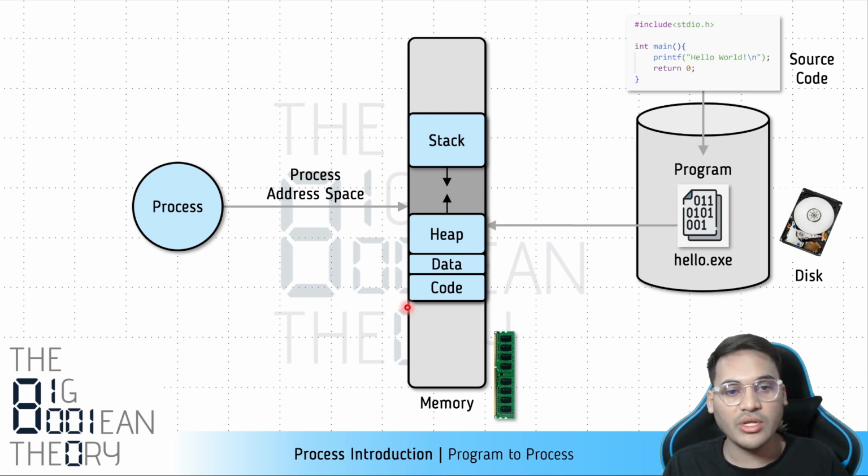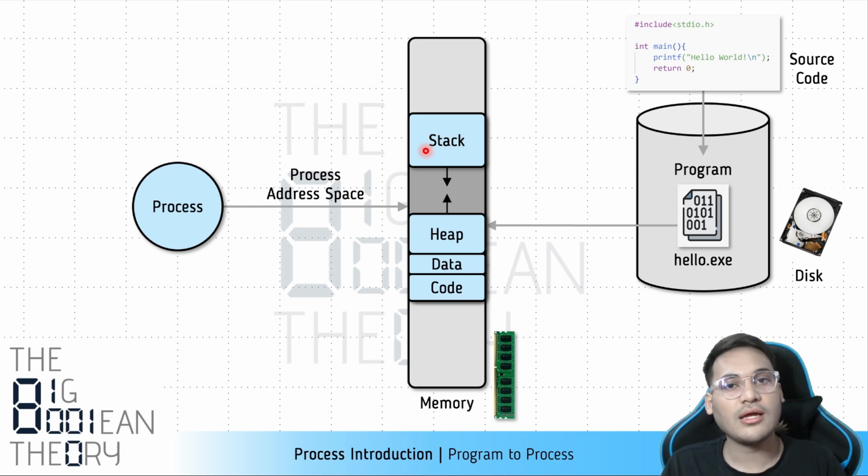And this region in memory where all the code and data of the process lives is called the process address space, right? It is organized into different sections, and each section has its own purpose. Some store instructions, some store static data, and some are dedicated for dynamic memory allocations. The stack is for the execution of functions. So these are the different memory regions that are there in the address space, and they serve different purposes.